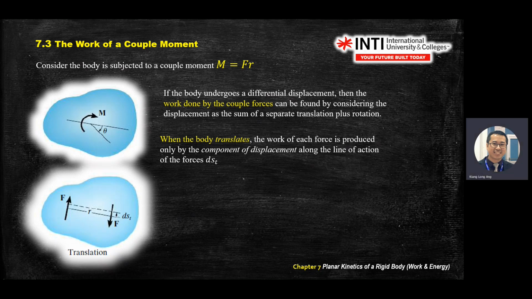How to get M? This is R, from here to here. If you close this, you get the total moment, F multiplied by R. Or you can put it at the center, where this is half R, and you are seeing two moments.